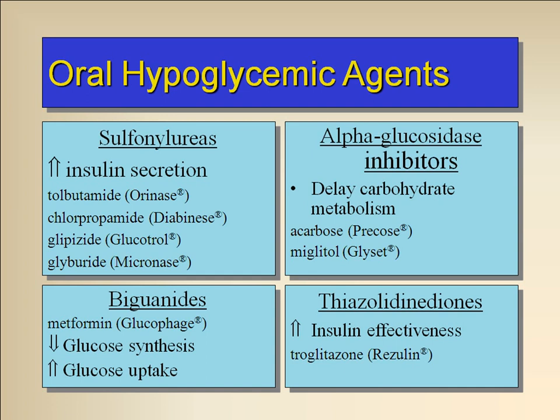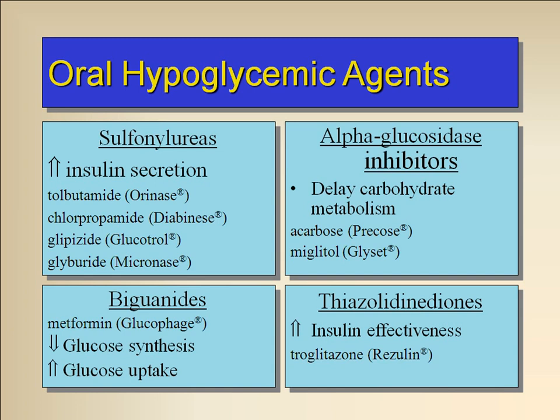You'll hear these: sulfonylureas, alpha glucosidase inhibitors, thiazolidinediones. Have y'all heard of Glucotrol, Diabeta, glyburide, Micronase, metformin, Glucophage? So they're different categories of drugs depending upon what they think is going on.